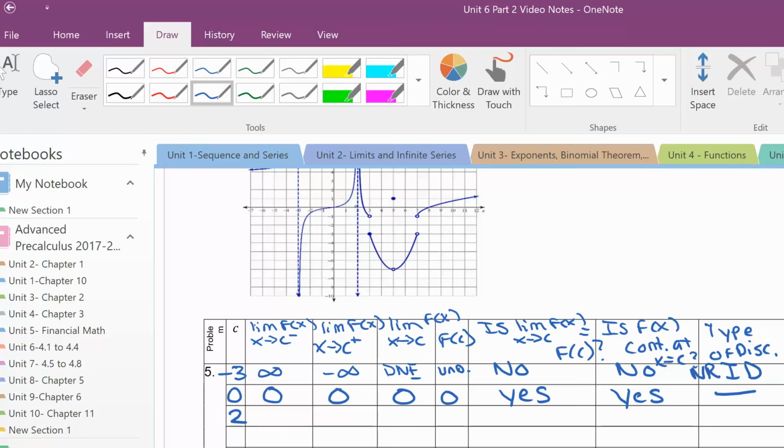From the left at 2, it goes to infinity. To the right at 2, also infinity. The limit does not exist because it's a vertical asymptote. F of 2 is undefined. No, it's not the same. No, it's not continuous. And when it's a vertical asymptote like that, it's a non-removable infinite discontinuity.